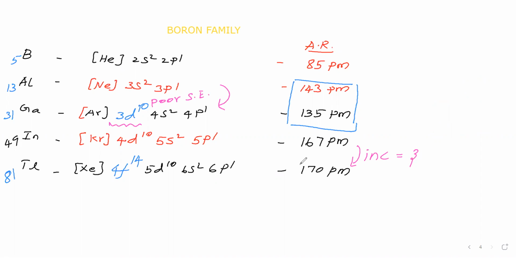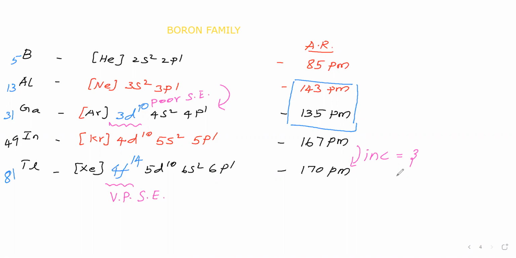Just 3. Why? Because 4f14 shows very poor screening effect. Therefore, atomic radius increases very slightly.